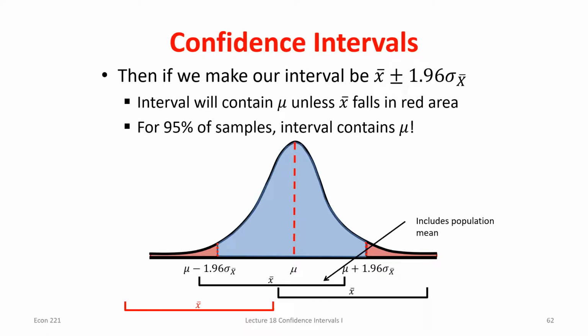The other 5% of the time, where I see a sample mean that's more than 1.96 standard deviations away from that true population mean, my confidence interval will be wrong. That's why I'm saying with 95% confidence, I can tell you this: 95% of the time, the confidence interval will include the population mean, and 5% of the time, it'll be wrong.